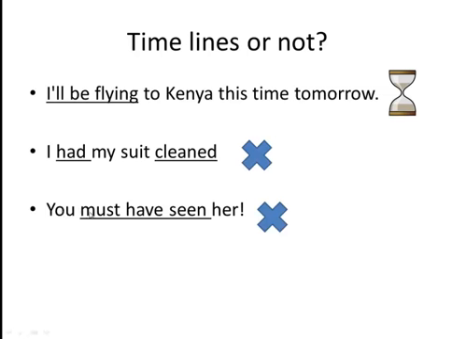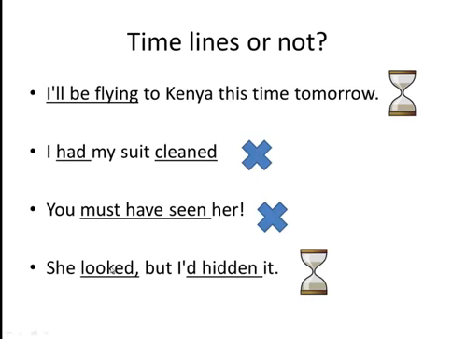I'm sure that you saw her, but I don't actually know it for a fact, because otherwise I'd say you saw her. But you must have seen her. I'm sure you did, but I don't know it for a fact. So this is about the probability of something or the surety of something, not about the time necessarily, although clearly it is in the past. So a timeline here wouldn't be very helpful.